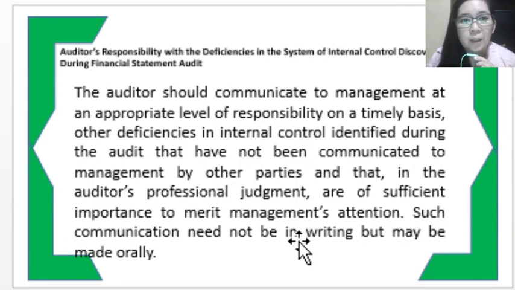The auditor should also communicate to management at the appropriate level of responsibility, on a timely basis, other deficiencies in the internal control that he identified during the audit that have not been communicated to the management by other parties. Meaning, there might be other parties, for example the internal auditors, who have not communicated such deficiency. So this will be included in the communication of the external auditor to the management.